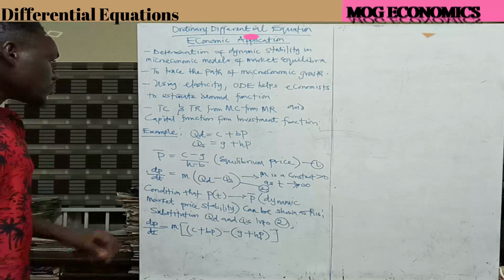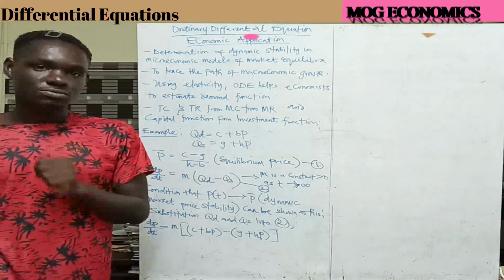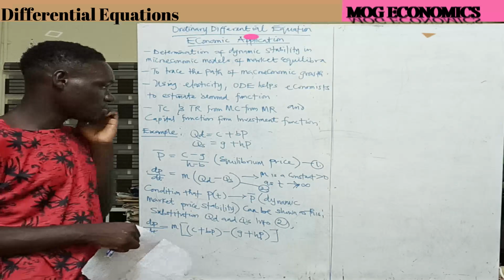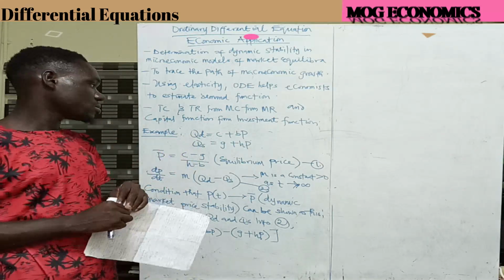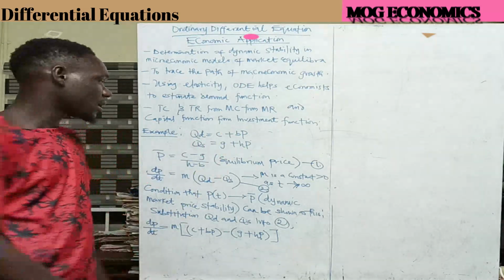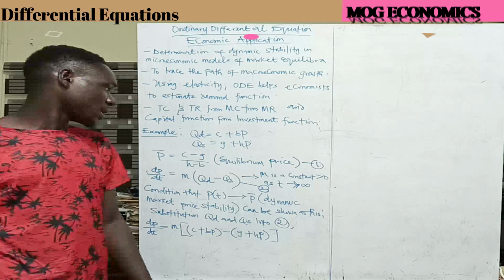Now, I want us to consider this example. This is a market model. We have the equation for the quantity demanded, and we have another equation for quantity supplied.